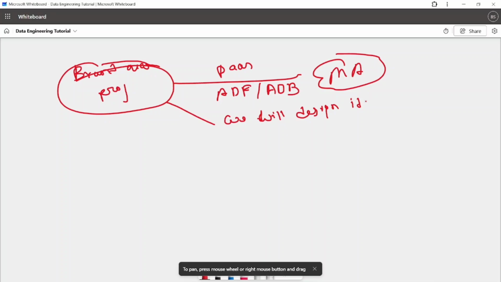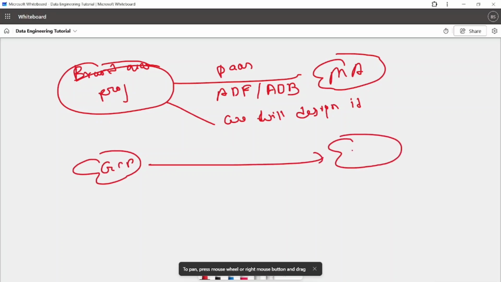Likewise, one more project type is cloud to cloud, for example if it is moved from GCP cloud to Microsoft Azure. In a cloud to cloud platform, less development effort is required. Just remember this.